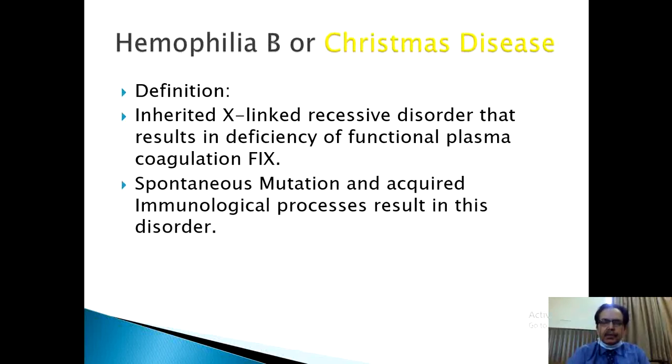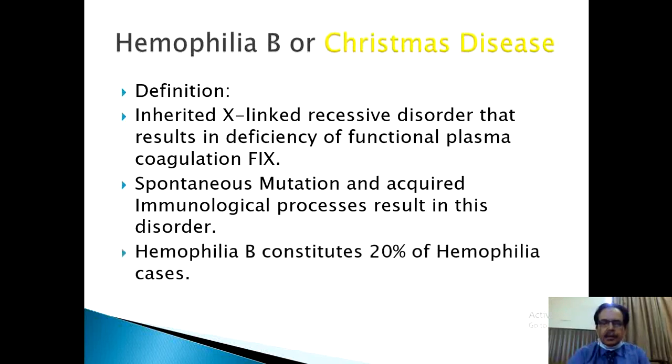It is because of spontaneous mutation and acquired immunological processes which result in this disorder. It constitutes about 20% of the total hemophilia cases. I mean hemophilia A, hemophilia B, acquired hemophilia, etc., and other relevant disorders.